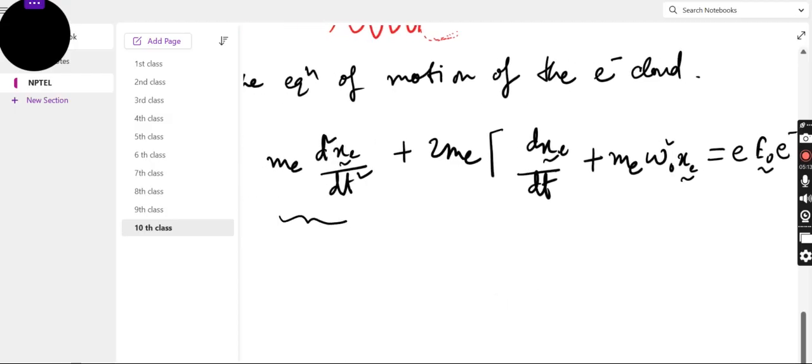If you remember, we have seen this type of equation in acoustics as well as in the LCR circuit. This gamma is the damping coefficient.